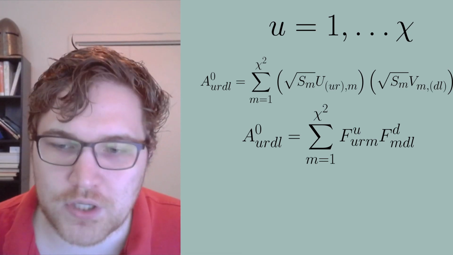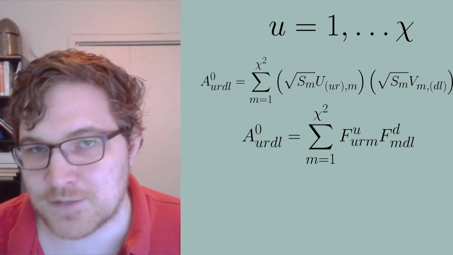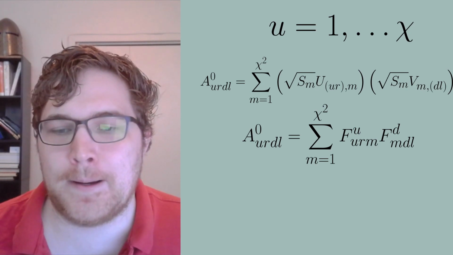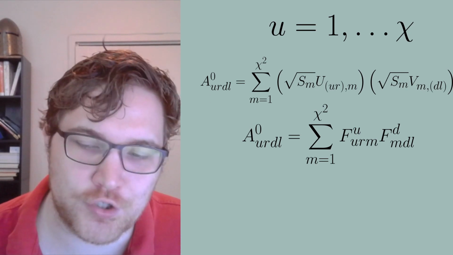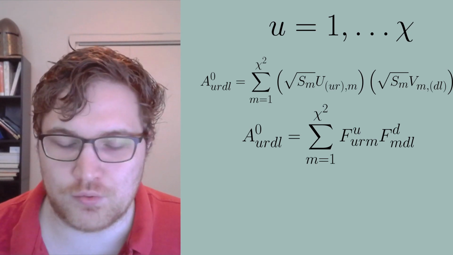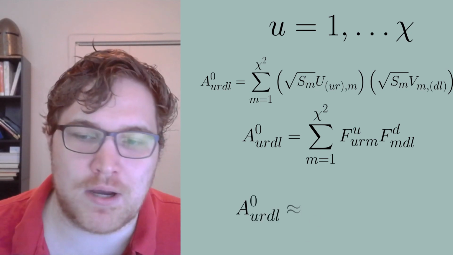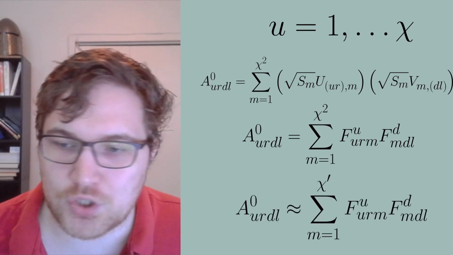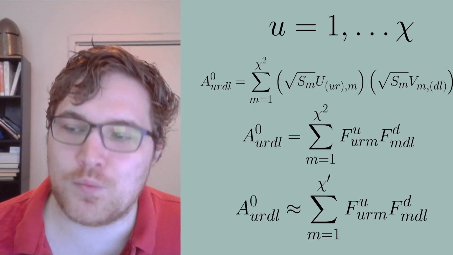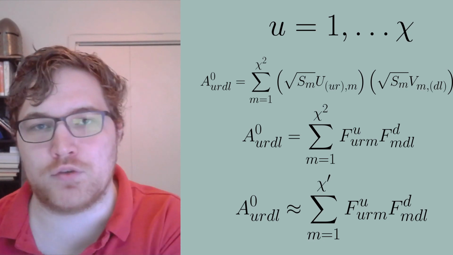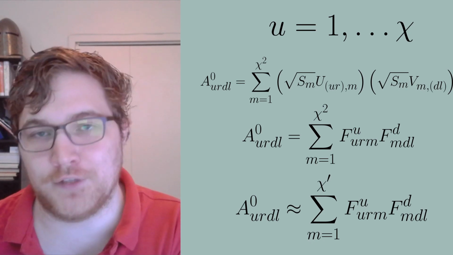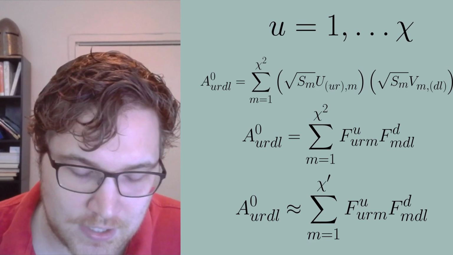And the important thing to note here is that everything we've done up until now has been exact. And to introduce our approximation scheme, most modern libraries for linear algebra will usually give you back the singular values ordered from largest to smallest. So our approximation scheme takes chi prime total singular values from the matrix S and throws away everything after that, and hopefully, given that chi prime is big enough, those terms are relatively small and we keep all of the important information.